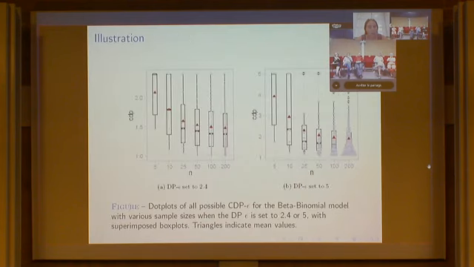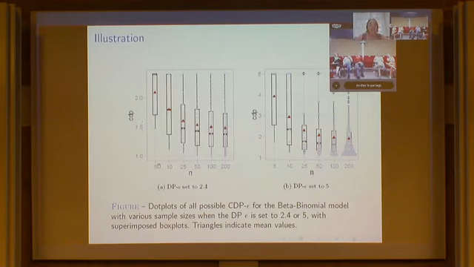Here's a small illustration of what happens. Say I set DP to 2.4, and here I use my beta binomial model again, so I know how to get differential privacy. On the x-axis, I have different values of n, different sample sizes, and on the y-axis, I have the CDP.